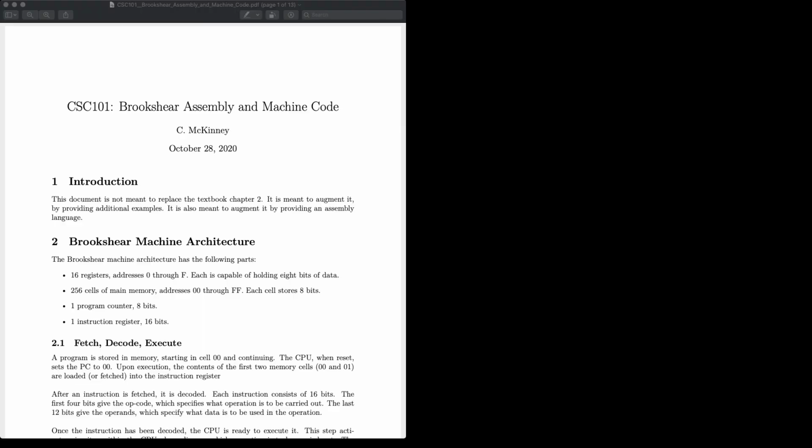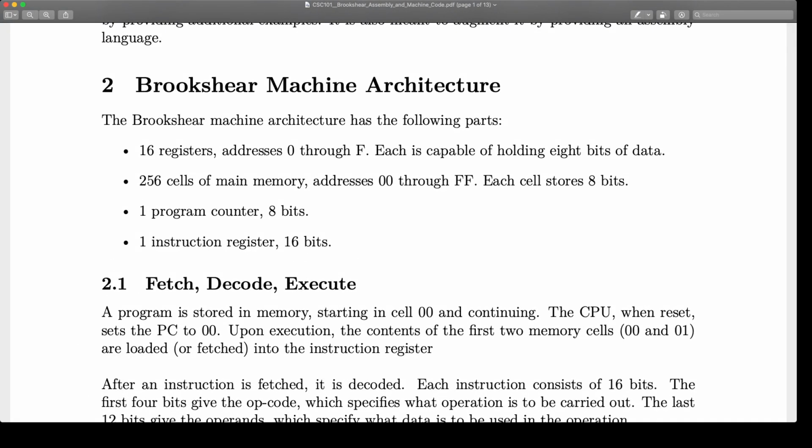Let me just set up a window capture to preview. Here we go. Okay, we'll just do it this way then. You should be able to see here the notes.